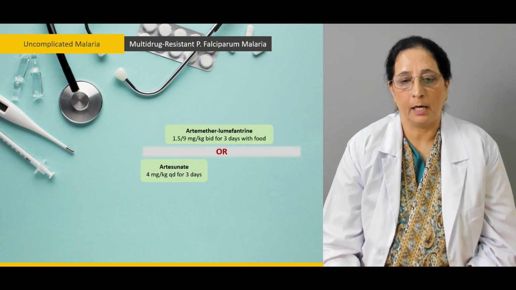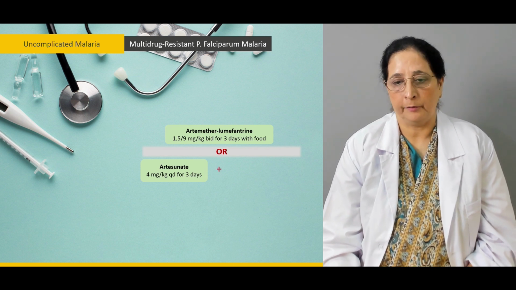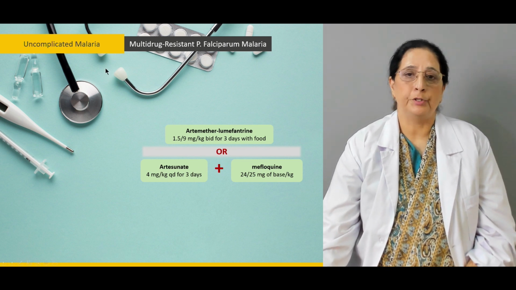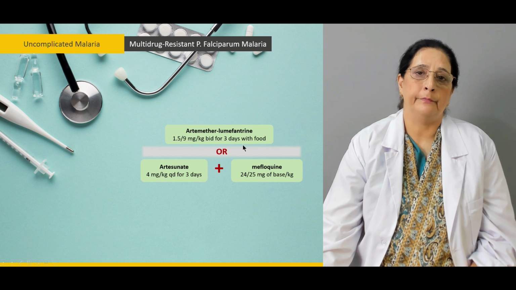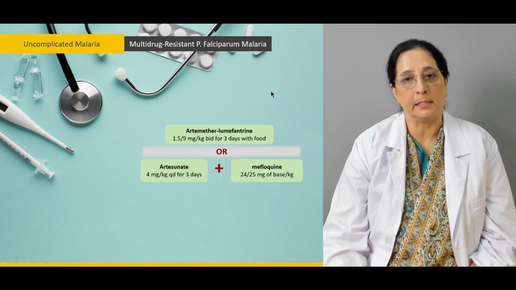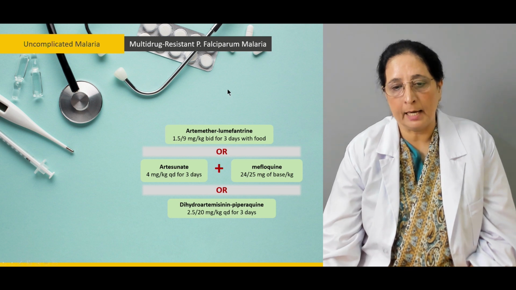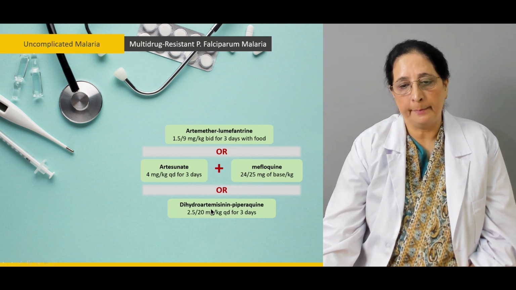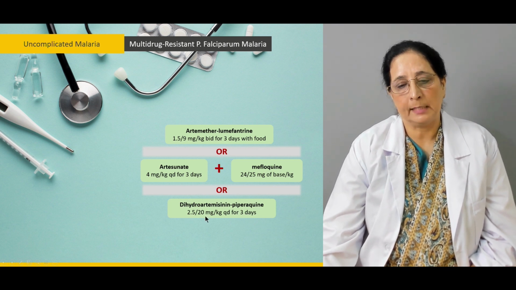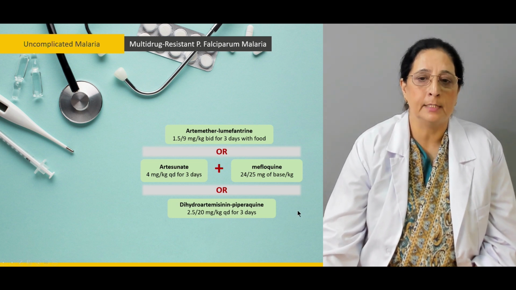Or we can try artesunate 4 milligram per kilogram for 3 days plus mefloquine. So these are the options if it's multi-resistant Plasmodium falciparum malaria. Or we can try dihydroartemisinin and piperaquine, 2.5/20 milligram per kilogram every day for 3 days.